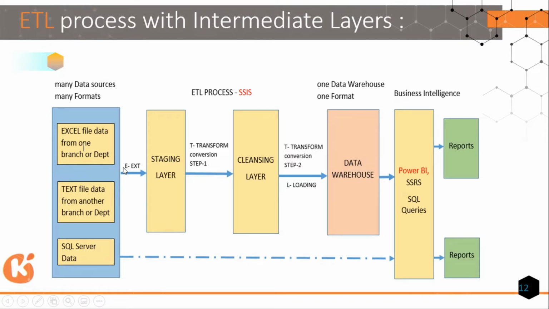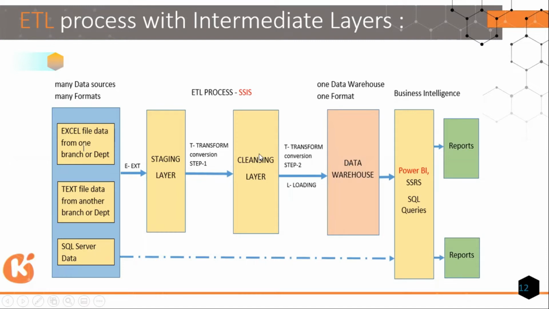We will extract data from the sources and write into layer 1. Again, we will read data from layer 1, apply some transformations, you can call it step 1, and write the result into layer 2. Again, we will read data from layer 2, apply some conversions, and write the result into the data warehouse.